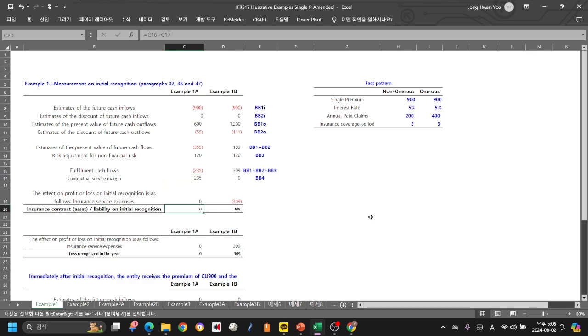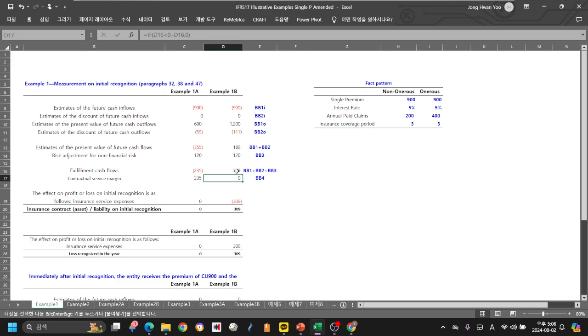So it means that for the non-onerous group of contracts, the insurance contract liability is 0 because we made it so. But on the other hand, for the onerous group of contracts, you have 309 positive, which is a net outflow, and minus means net inflow, and in this case the contractual service margin is 0.